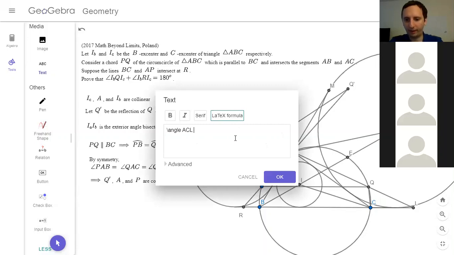Okay, so we have angle ACL is equal to angle APB, and angle PAB equals angle QAC, and that means that triangle APB is similar to ACL.